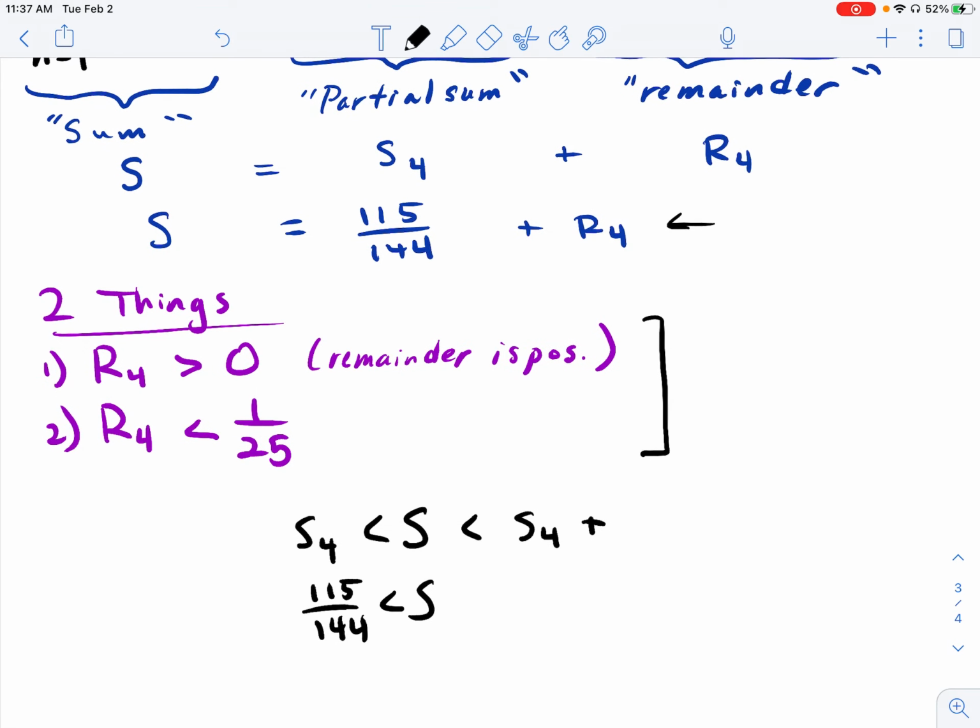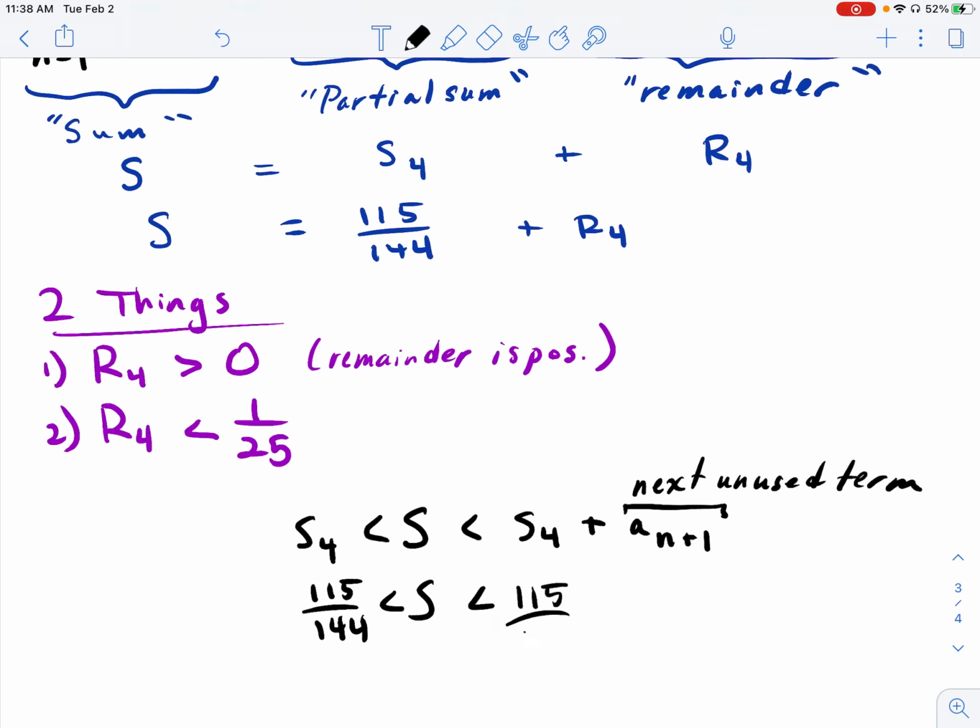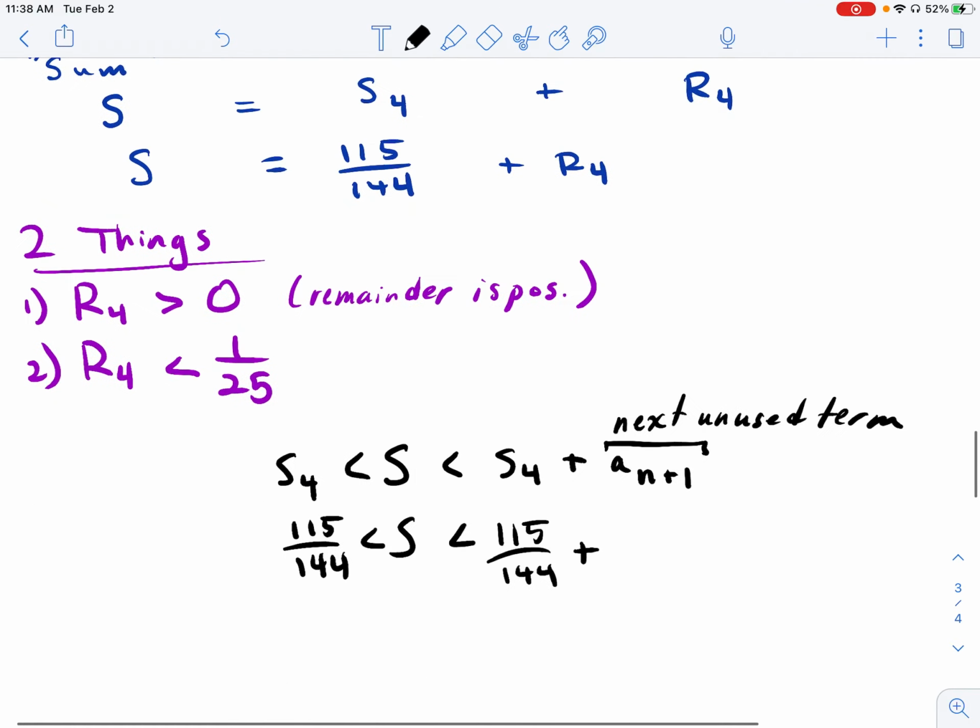It's less than my partial sum plus a sub n plus 1. And so this is just me describing the next unused term. So in this case, I would say it's less than 115 over 144 plus, what was my next unused term? That was 1 over 25.